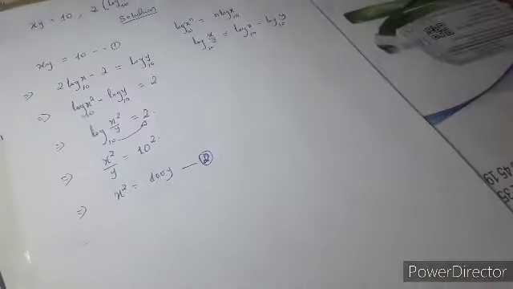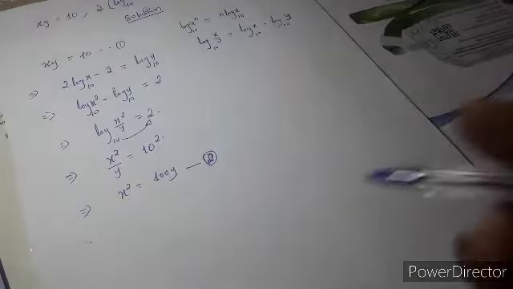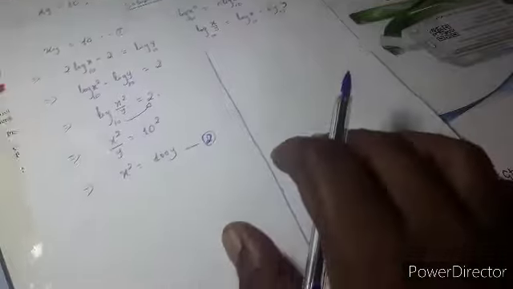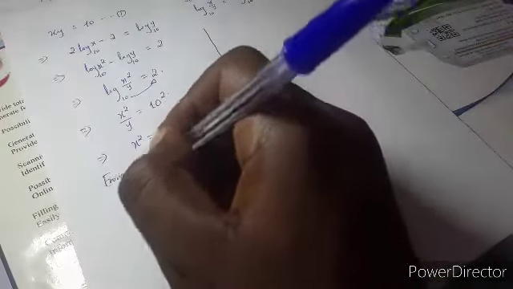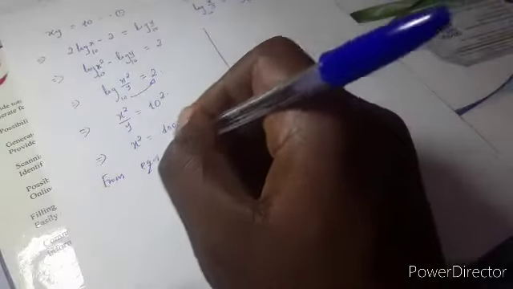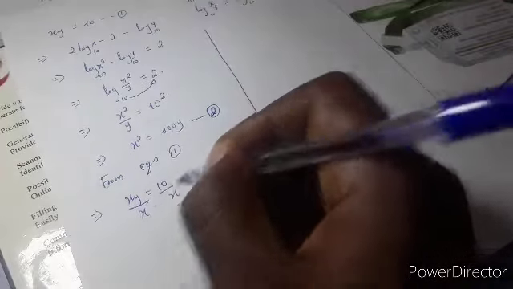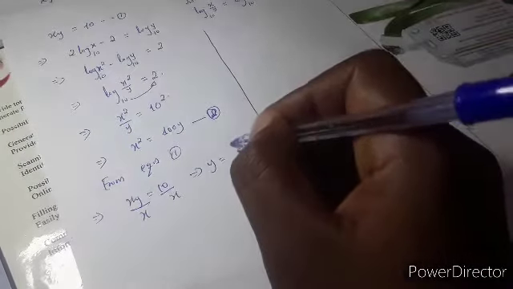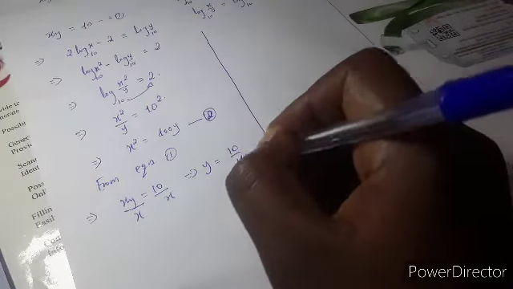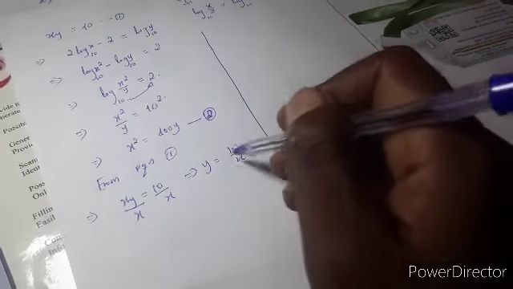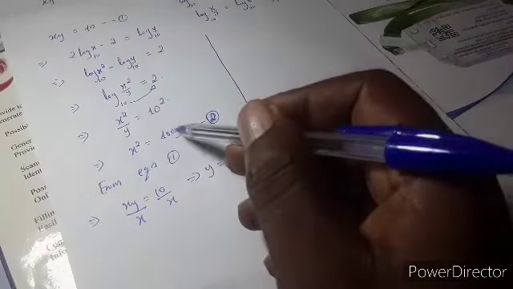From equation 1, xy equals 10. If I divide all through by x, y will be equal to 10 on x. So I'll find y in equation 2 and put 10 on x as y here.